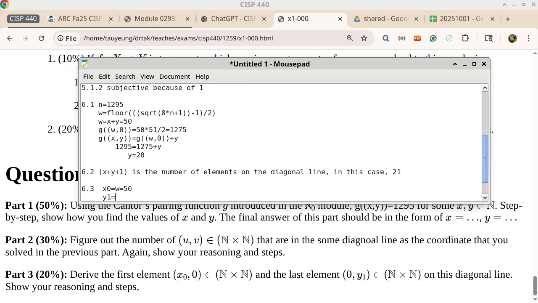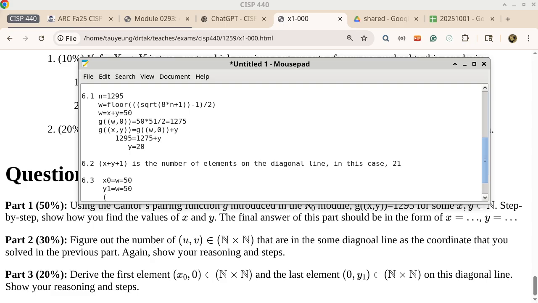And then y1 is also w, which is 50, because (50, 0) is the first or bottom coordinate such that x plus y equals 50, and same explanation for the other one.